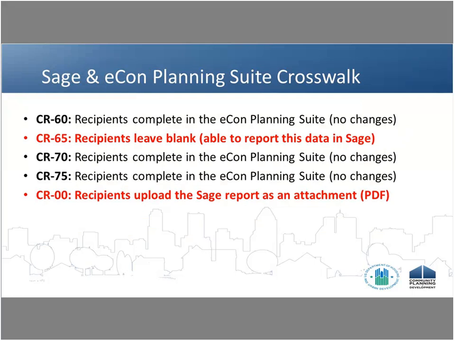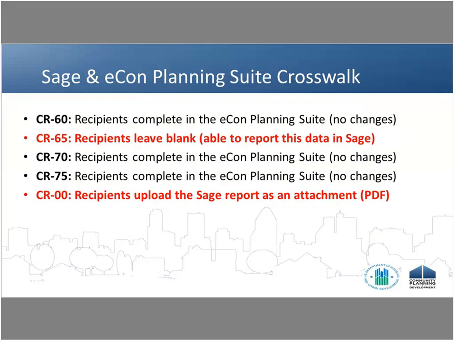Okay, so here is the overlay of reporting for the Econ Planning Suite and Sage. CR60, CR70, and CR75, there are no changes whatsoever to those screens. You would fill them out and complete reporting in the Econ Planning Suite as you always have. CR65, similar to last year, you're going to leave that blank.